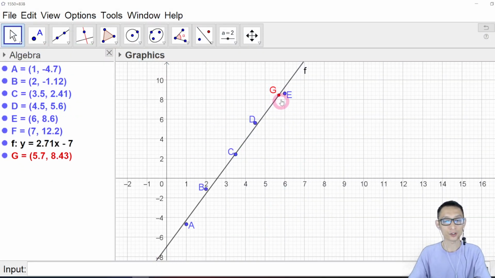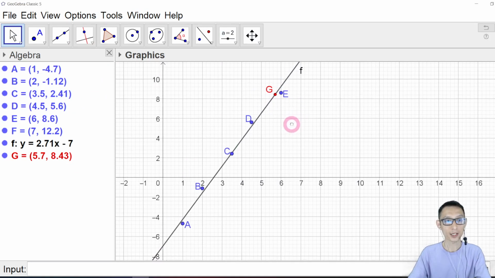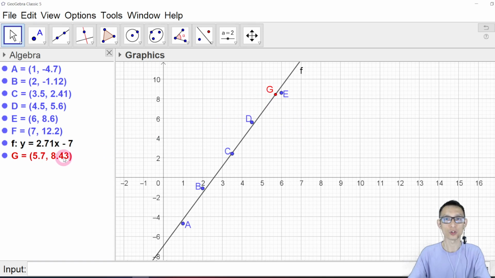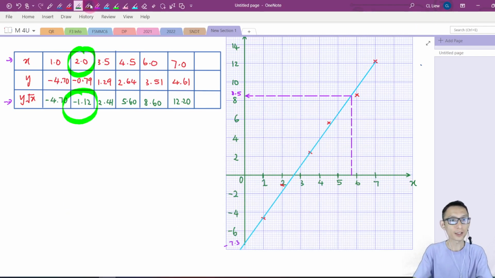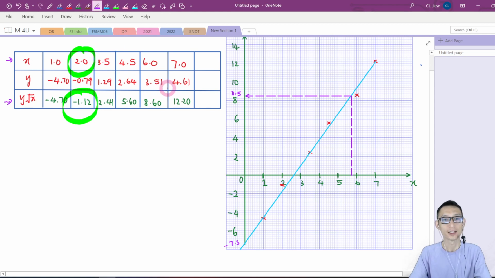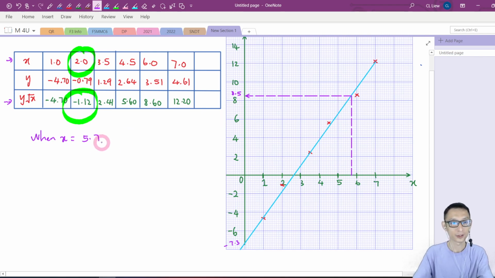If I use this graph generated by the software, I will get 8.43. Very close, I think it should be okay. Now, but you have to be more careful. The answer is not 8.5 when x is equal to 5.7. Y is not equal to 8.5.